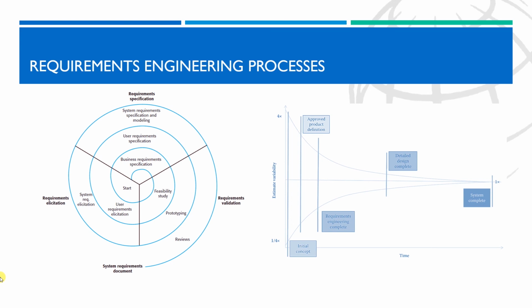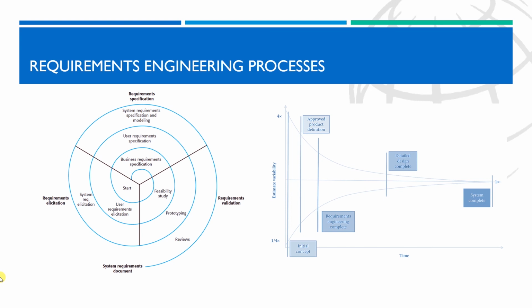Early in the process, most effort will be spent on understanding high-level business and non-functional requirements and the user requirements for the system. Later in the process, in the outer rings of the spiral, more effort will be devoted to eliciting and understanding the non-functional requirements and more detailed system requirements.